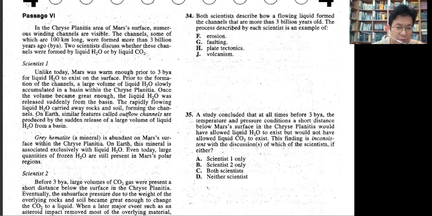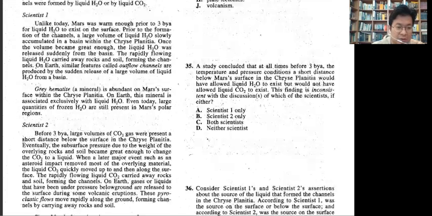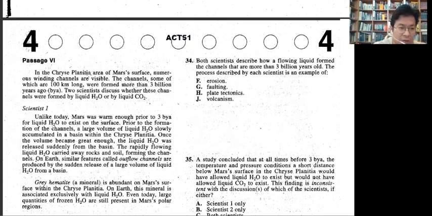So this one, scientists want to, the question we need to read through. Basically, you need to know the difference between scientist 1 and 2. So okay, area Mars, the winding channels, regional, the sum of the 100 kilometer long, formed more than 3 billion years.